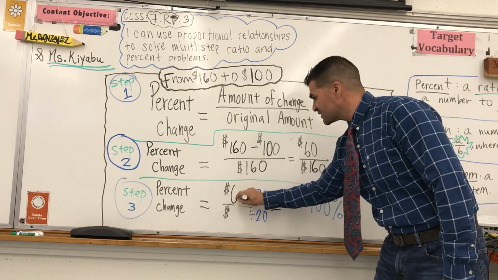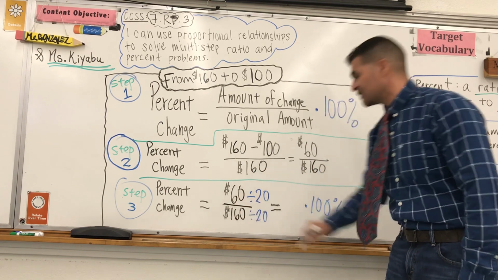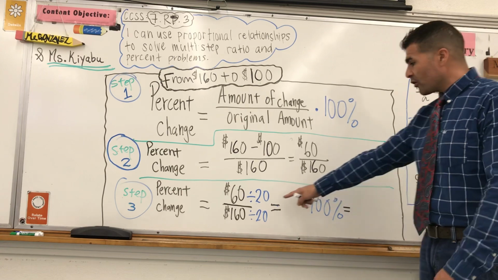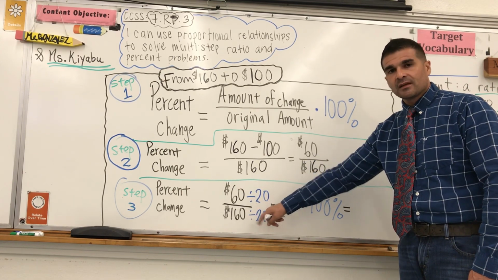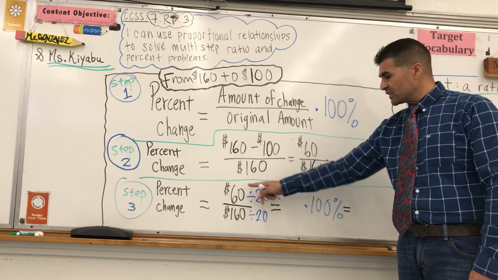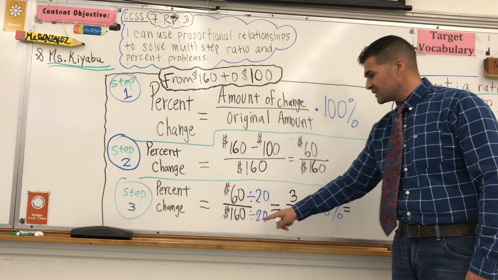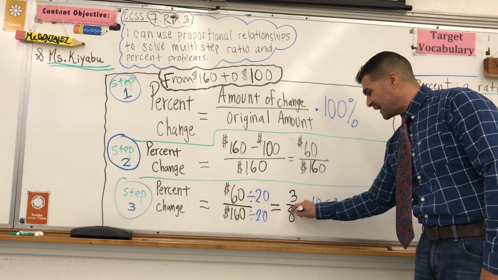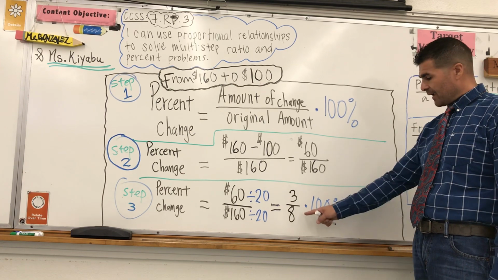Now you're going to get $60 here, and the denominator is now $160. I can still reduce the numerator and denominator by 20. So 60 divided by 20, hopefully you got 3, and 160 divided by 20, hopefully you got 8. So your new fraction is 3 over 8.